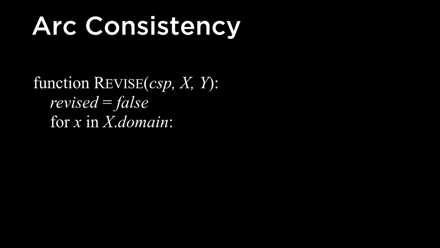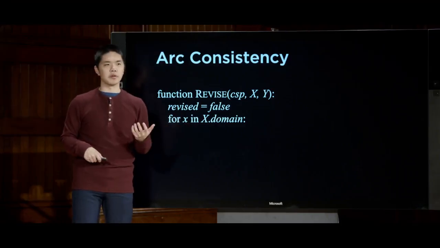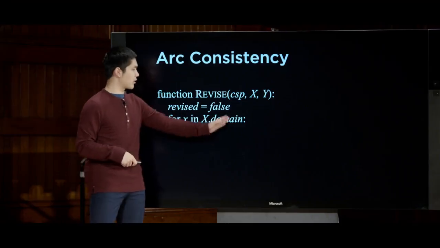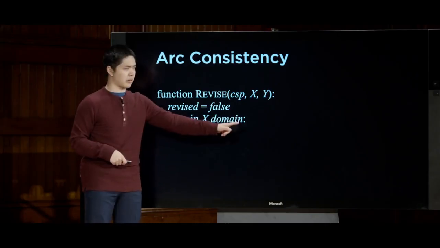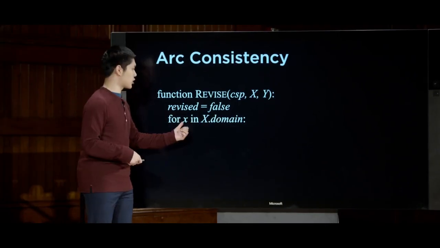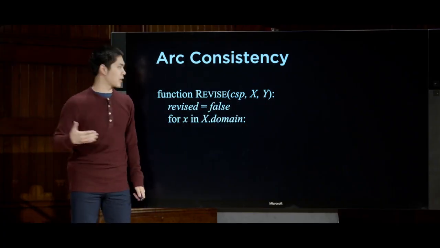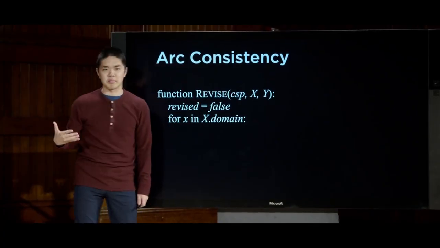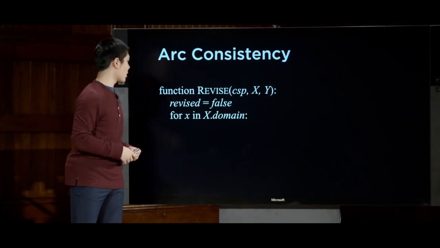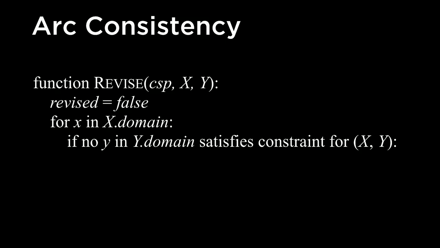Then we'll say, all right, let's go ahead and loop over all of the possible values in X's domain. So loop over X's domain, for each little x in X's domain. I want to make sure that for each of those choices, I have some available choice in Y that satisfies the binary constraints that are defined inside of my CSP, my constraint satisfaction problem. So if ever it's the case that there is no value y in Y's domain that satisfies the constraint for X and Y, that means that this value x shouldn't be in X's domain.